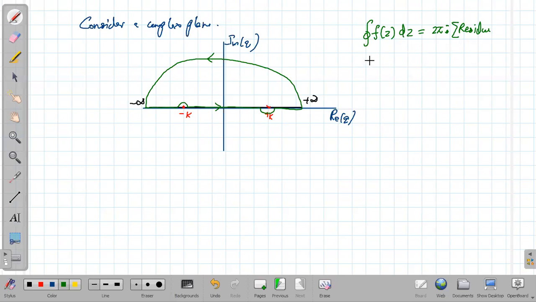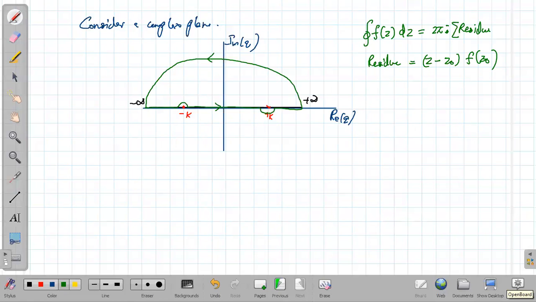And how to find the residue? You can find the residue at poles. Suppose z0 is the pole, then the residue can be found from z minus z0 times f of z0. This is the complex integration technique, and you might be aware of it.